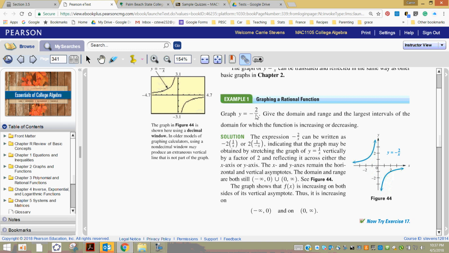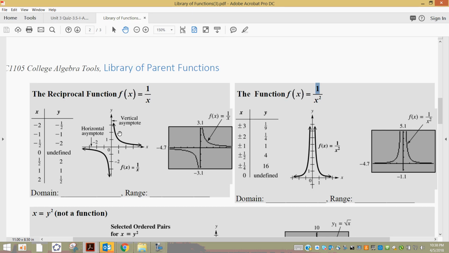And then we have another example which has a negative coefficient, which means it's flipped across the y-axis. So now you see the opposite of the parent function, which had this part in the first quadrant and this part in the third quadrant.